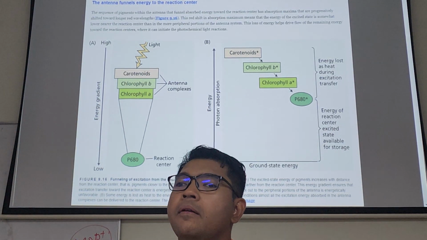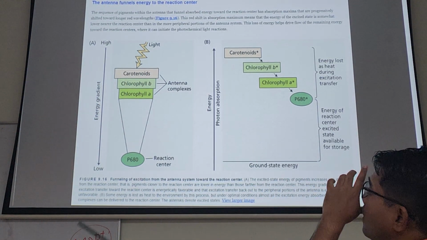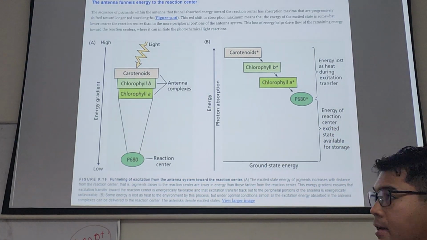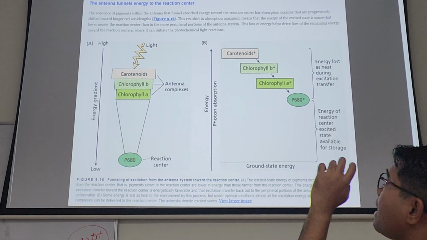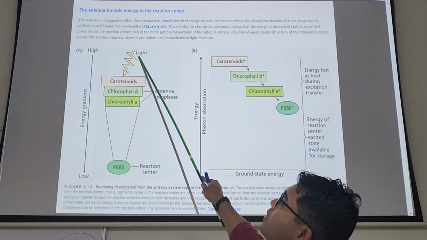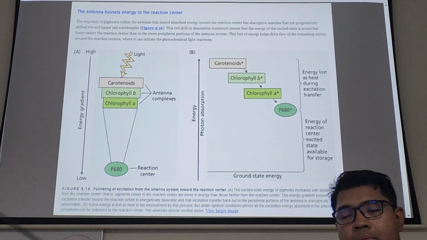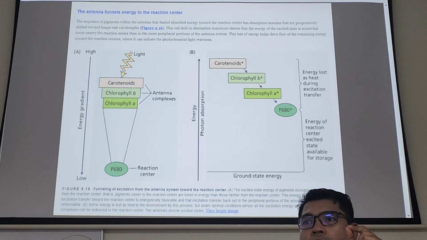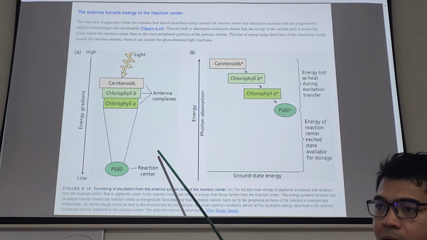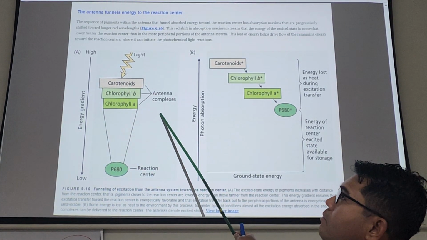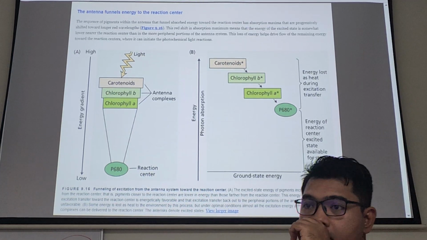No, it's not happening. Okay, so for each antenna system island, you will have, in essence, this setup of pigment molecules. I'm still not referring to either photosystem 1 or photosystem 2, but both of them are kind of like this. But for simplicity, most books will say that this is the general setup for photosystem 2.